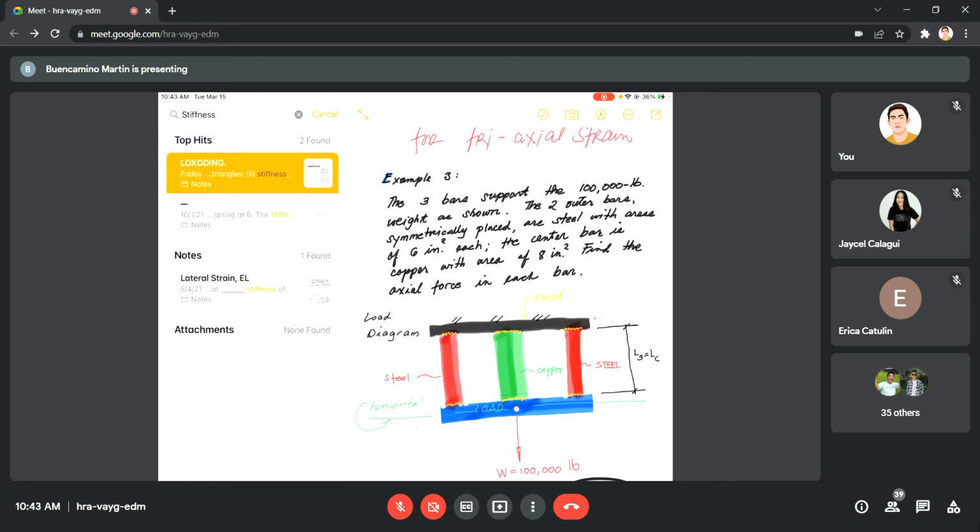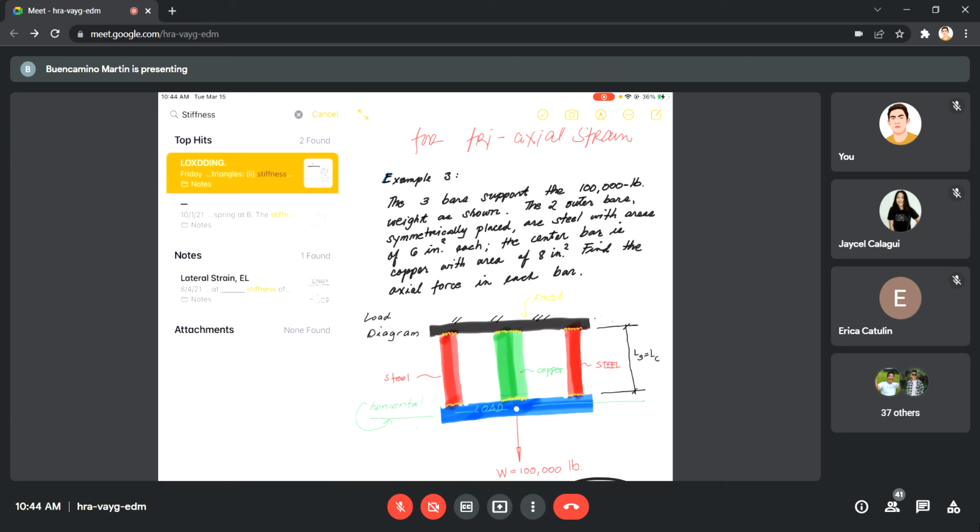Ngayon, itong 3 bars na ito ay merong support doon sa itaas. All of these 3 are welded on the top portion. At dito naman sa bottom nila, meron ding naka-weld na load na weight.